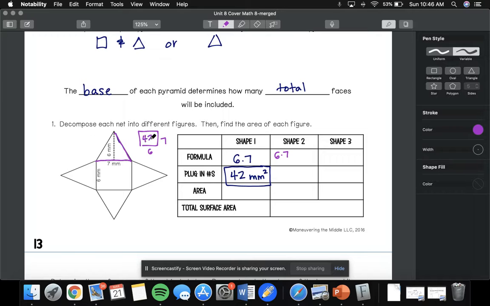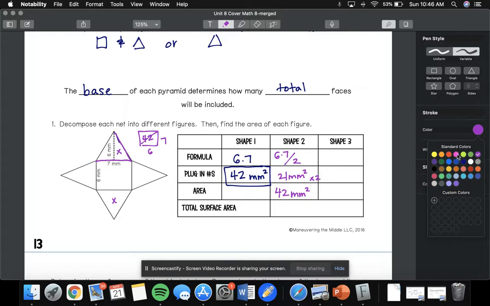But this is a triangle, so I'm going to cut it in half. 42 divided by 2 is 21 square millimeters for this top one. Then I ask myself, do I have another one like that? That would also be this bottom one. So I am going to double it, and I get 42 square millimeters.